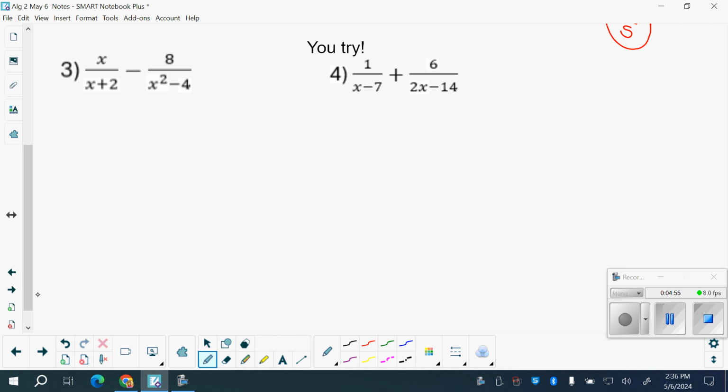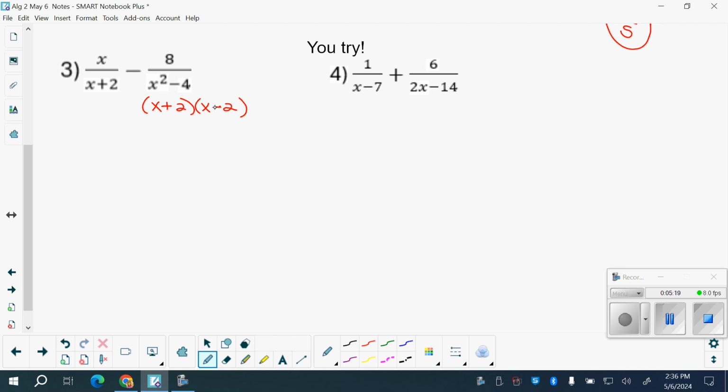X plus 2 times x minus 2. So remember, when this is a square and this is a square separated by minus, that's a difference of squares. You're taking the square root of x squared, which is x, square root of 4, which is 2. And then the plus and minus, when you multiply that out, it gets rid of that middle term.